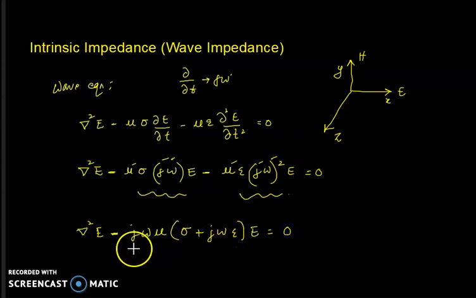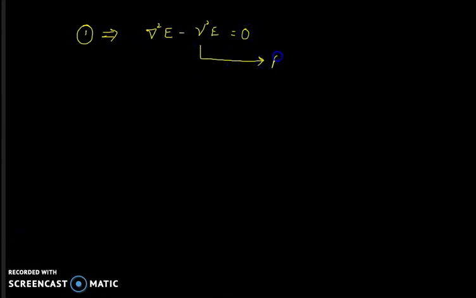Let us represent this term as gamma square, and take it as equation number 1. So equation number 1 becomes del square E minus gamma square E equals 0, where gamma is the propagation constant.